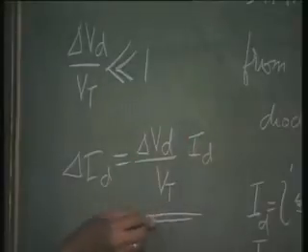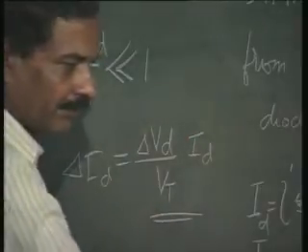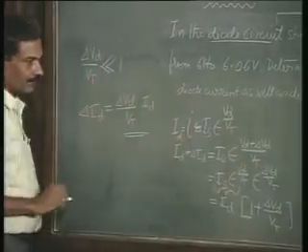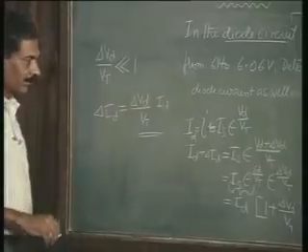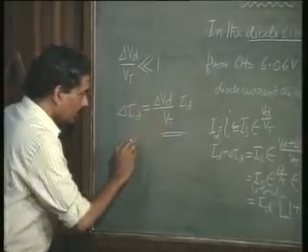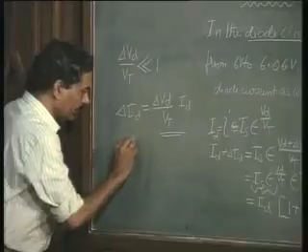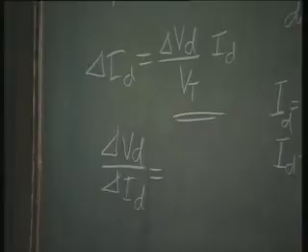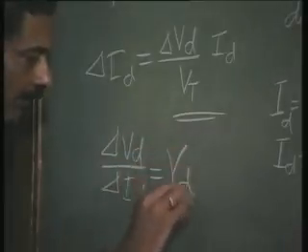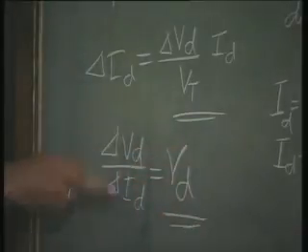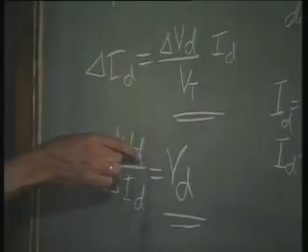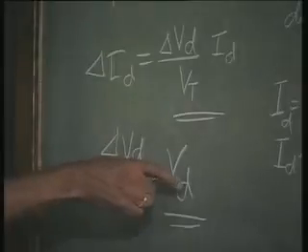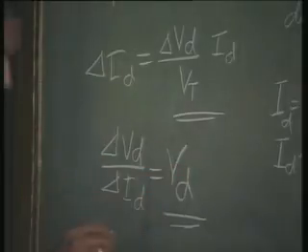So, remember this is coming about by an approximation to the exponent when delta Vd by Vt is much less than 1. That is the linear approximation. That means the diode becomes equivalent to delta V diode divided by delta I diode, which is R diode. This is a voltage divided by current relationship, but change in voltage across the diode by change in current through the diode is the incremental equivalent resistance.